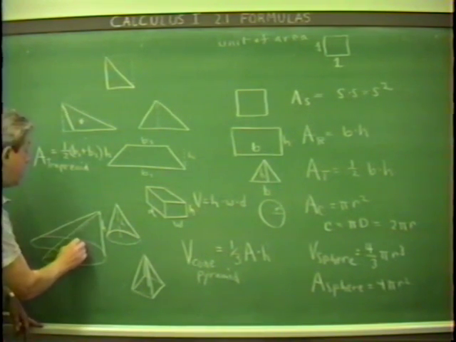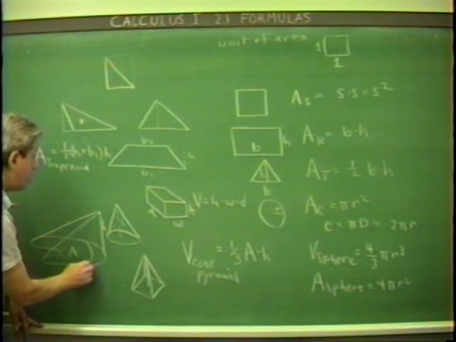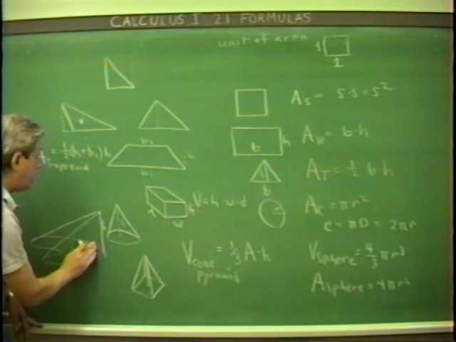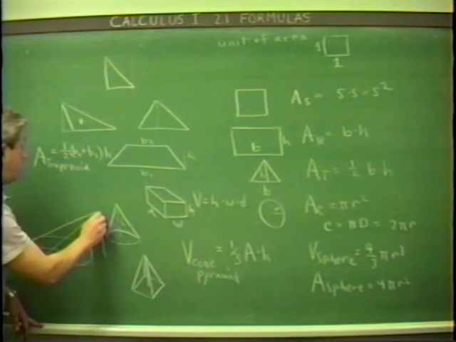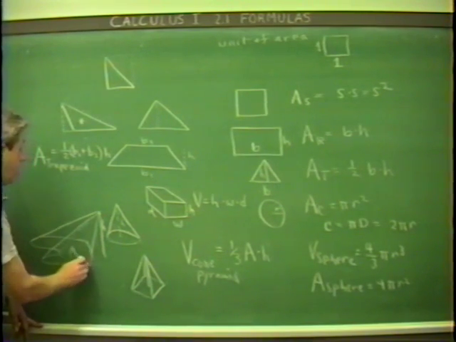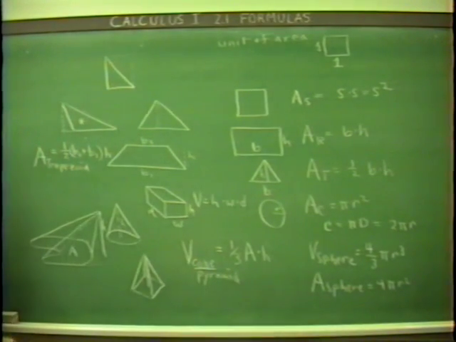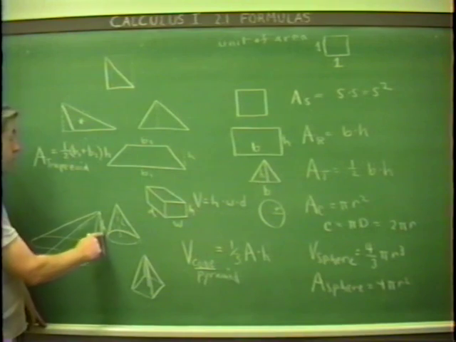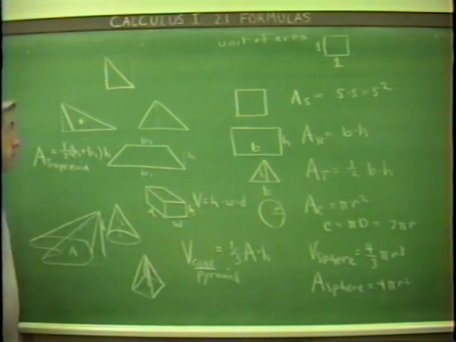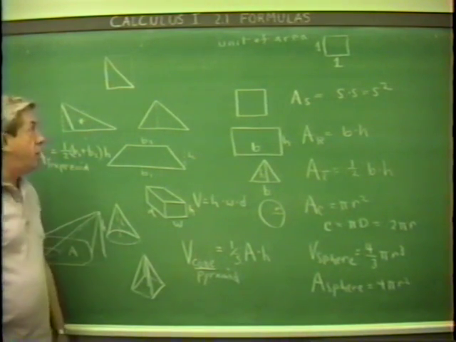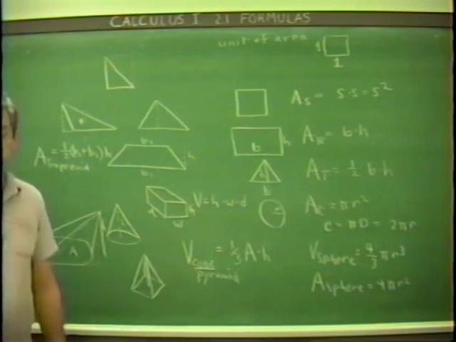And this altitude need not lie over the cone. So that, for example, if the cone looked like this, and this was the altitude, the resulting volume of a general cone would be 1/3 the area of the base times the height. Those are general formulas that are going to be needed in calculus.